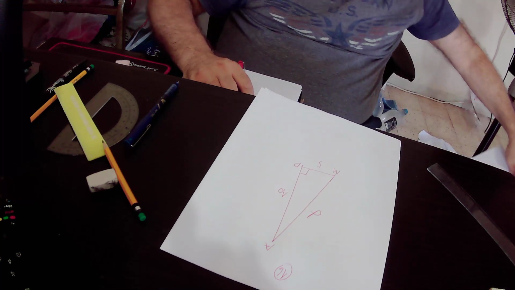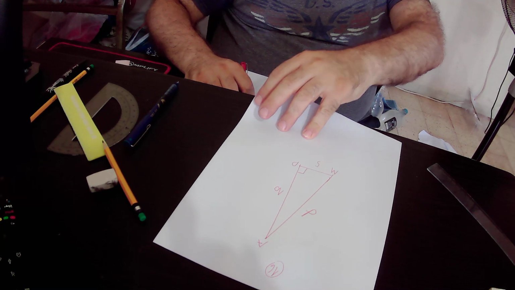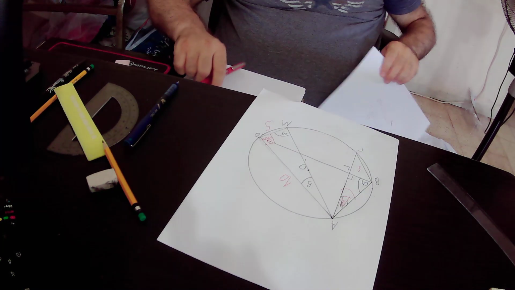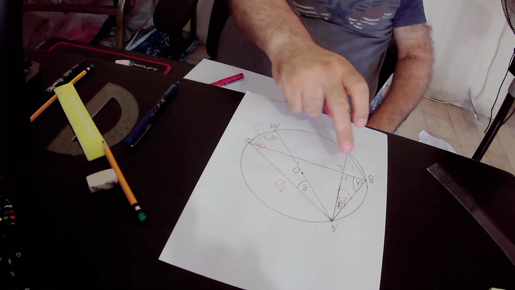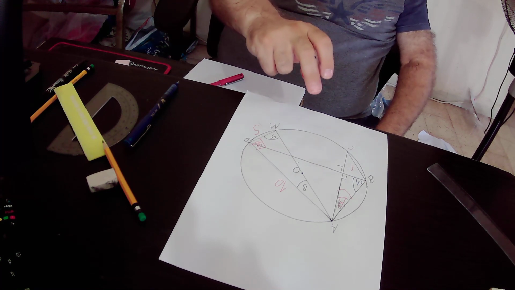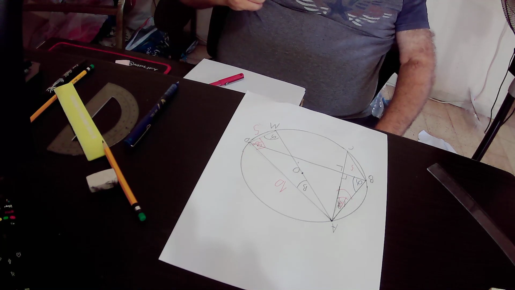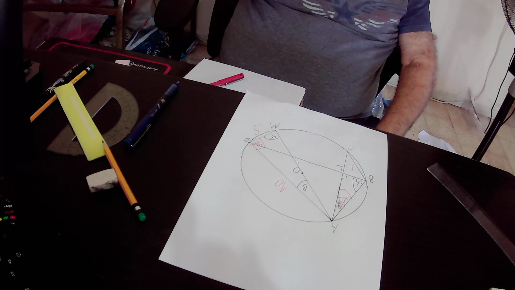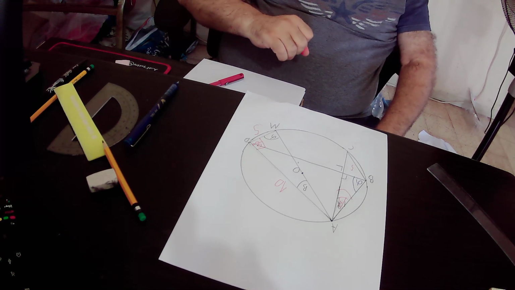Again, the answer to the question is that the radius of this circle equals 5 times root 5 over 2 units, or in terms of numbers, 5.59 units.